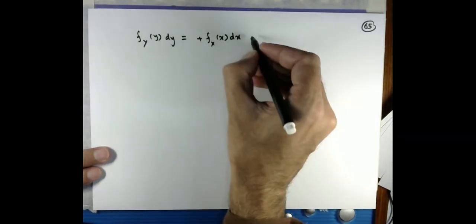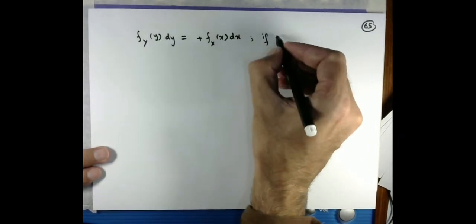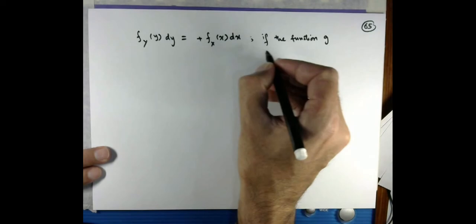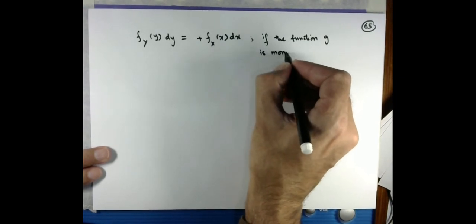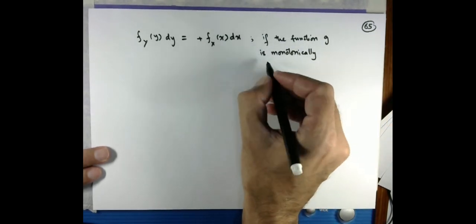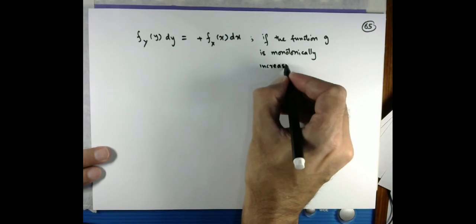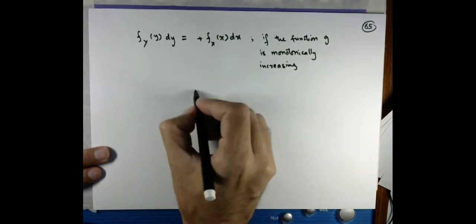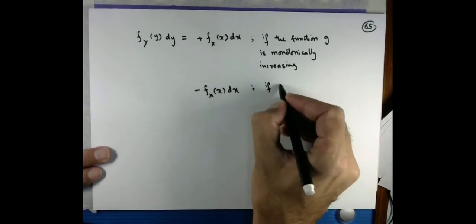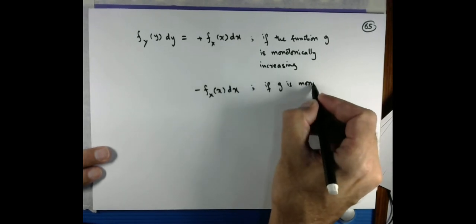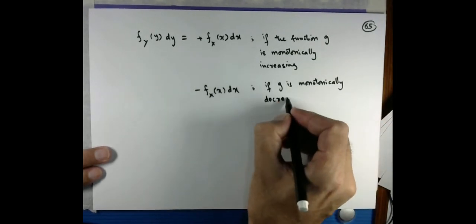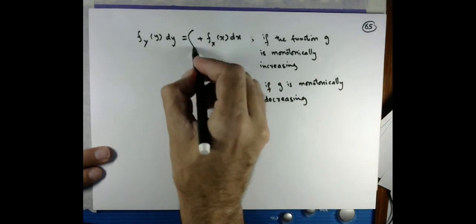This is positive if the function g is monotonically increasing, and this is equal to minus f sub x of x dx if g is monotonically decreasing.